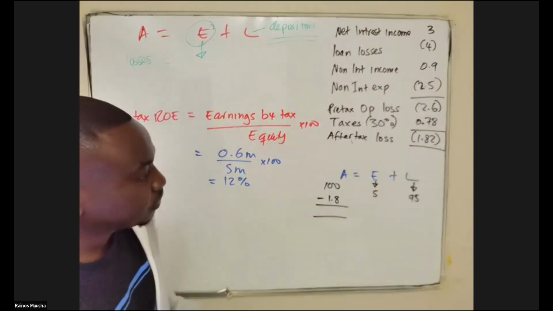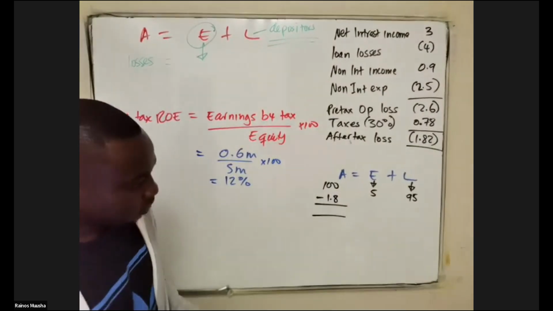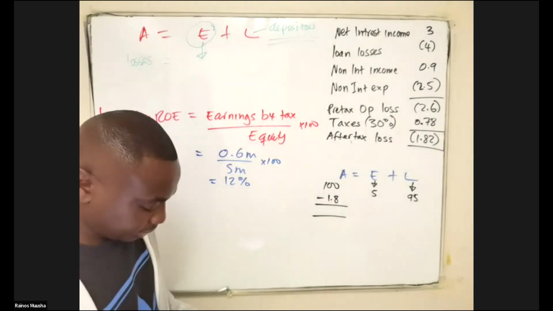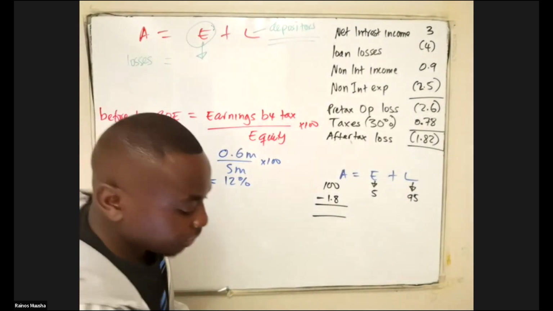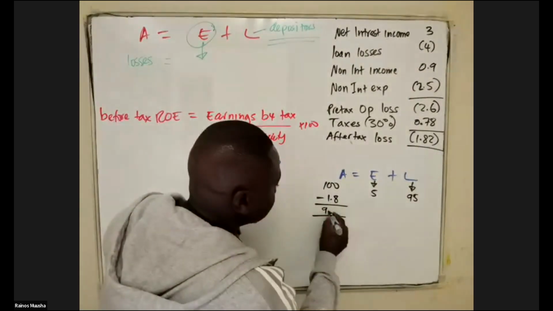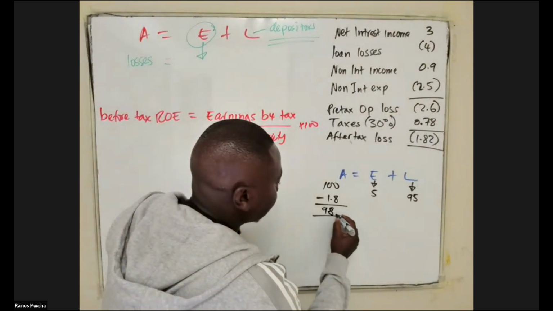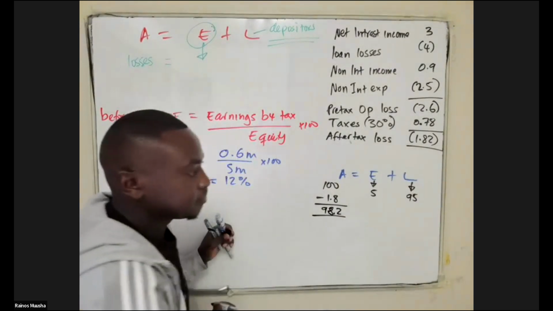So 100 minus 1.8 gives us 98.2. Our assets are now going to be 98.2 million.